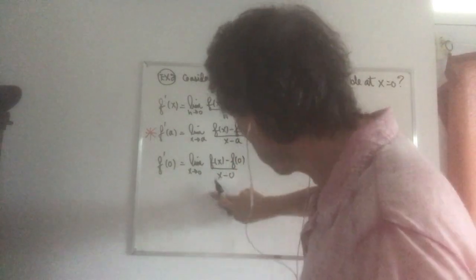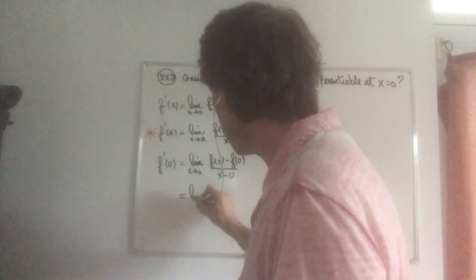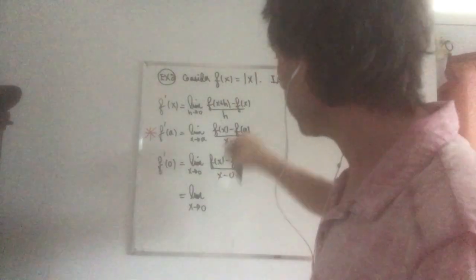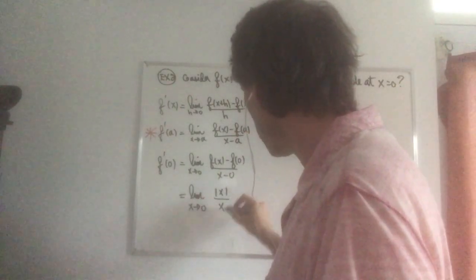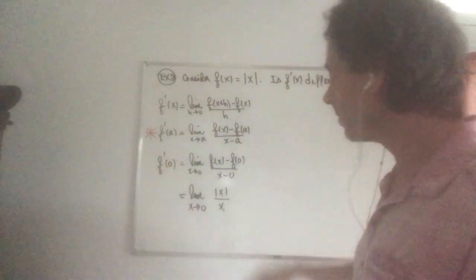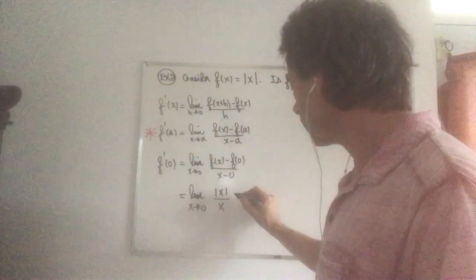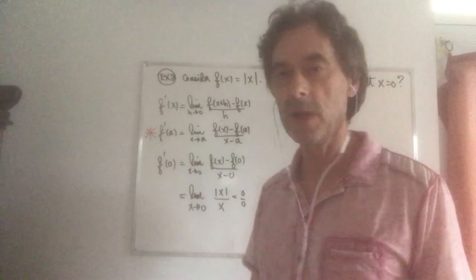That means this is the limit as x approaches 0 of the absolute value of x minus the absolute value of 0, over x. So this is the guy I've got to figure out. Are you surprised to actually get 0 over 0 when you plug that in? No, it happens all the time.